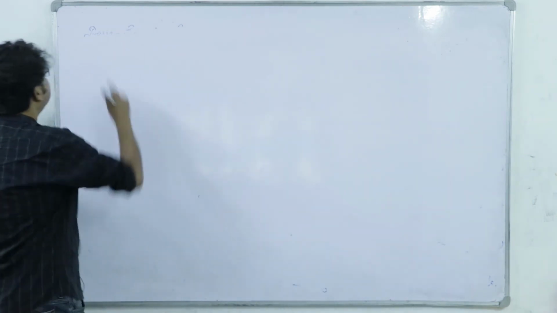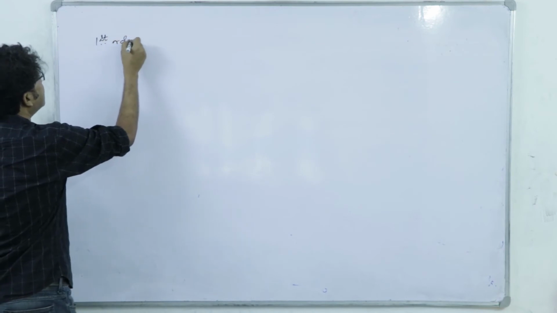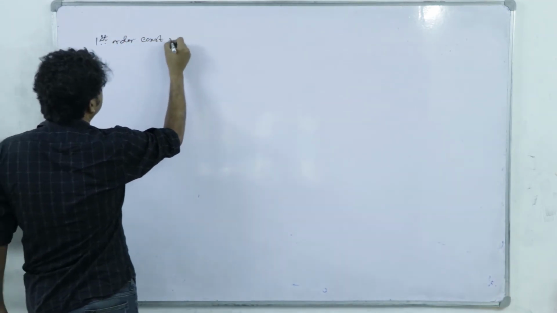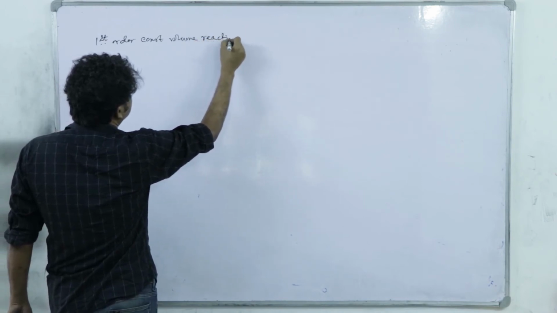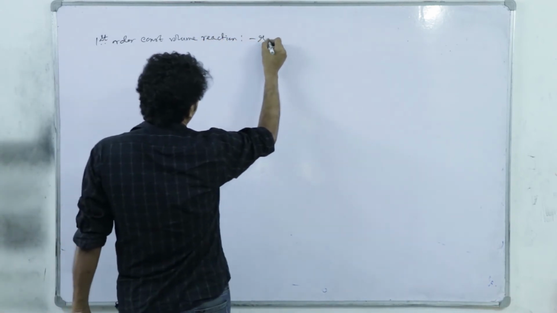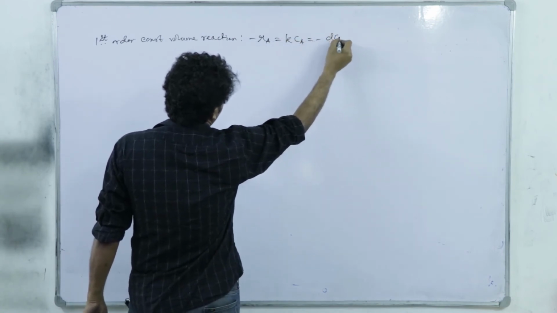Now let's say it is a first order constant volume reaction. Minus Ra is equal to K Ca, which is equal to minus dCa dt.